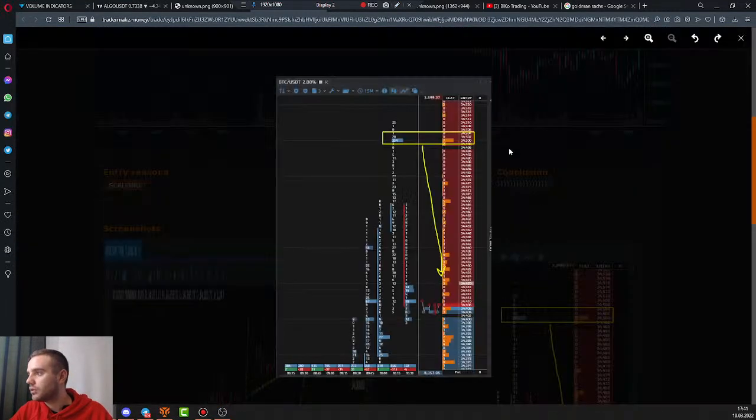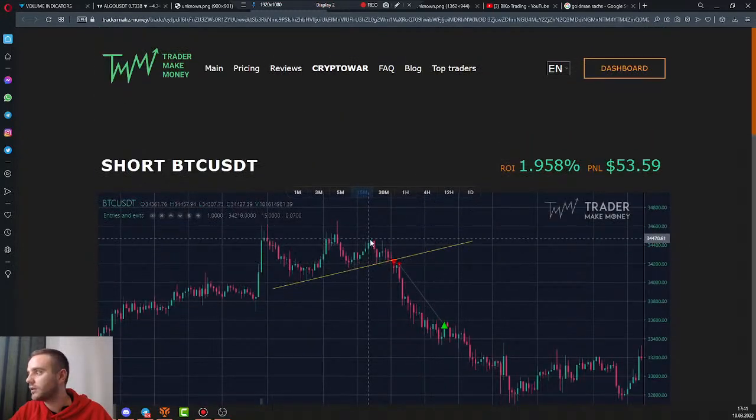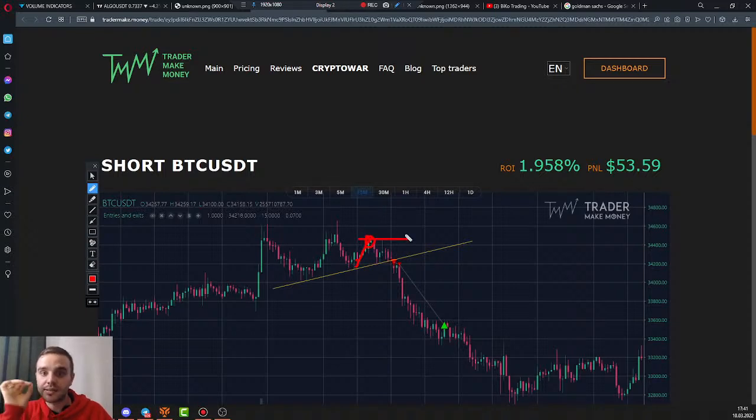Once more, 34,500, it is exactly here. Imagine that price makes a small rise, and at the local high, someone sells the biggest amount of coins, and price after that slowly squeezes to the trend line. And yes, here you can take a short.